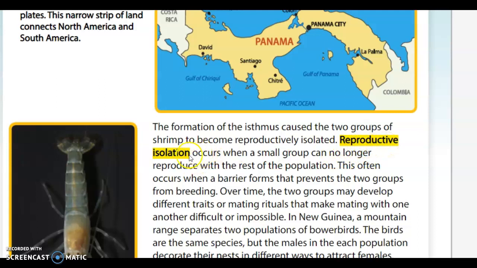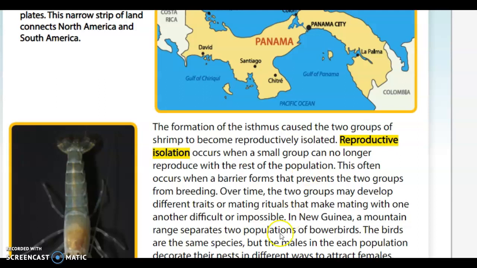Reproductive isolation occurs when a small group can no longer reproduce with the rest of the population. We consider the shrimps on either side of the isthmus, where the shrimps on one side are able to reproduce among themselves only. That means they are separated from the shrimps on the other side.